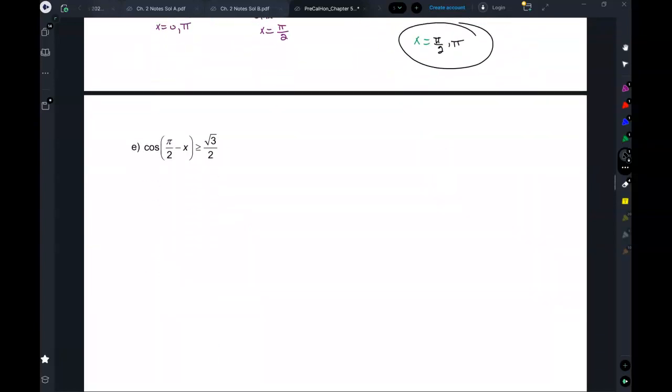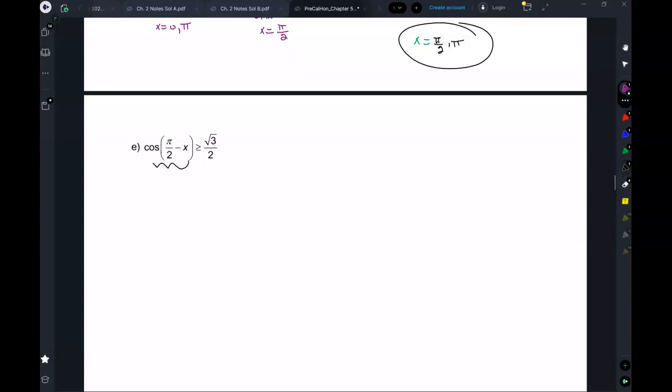This is a completely different type of problem, but it's probably my favorite one in this whole unit. You know why it's my favorite one? It's because there is literally 0 work. It's all understanding and conceptual. Okay, what is this equal to?